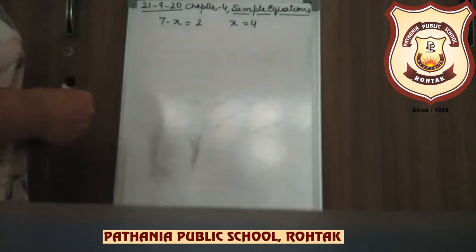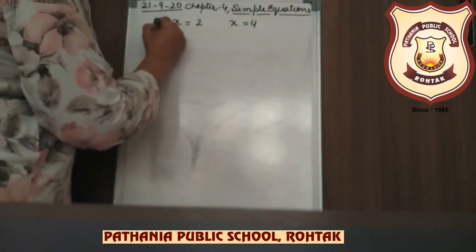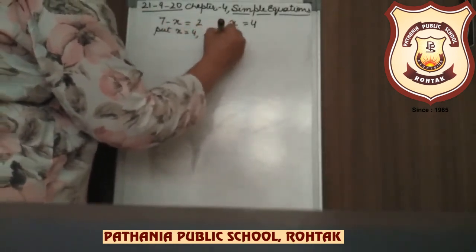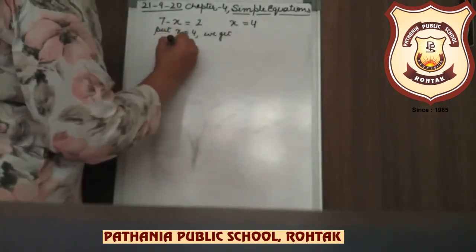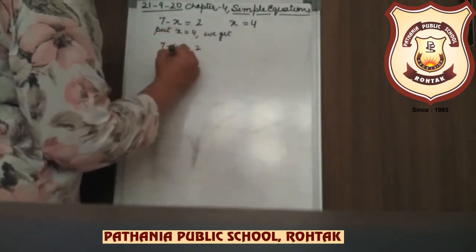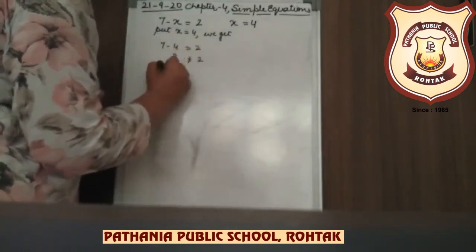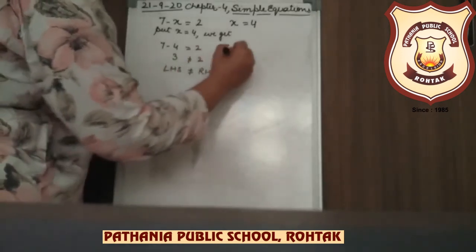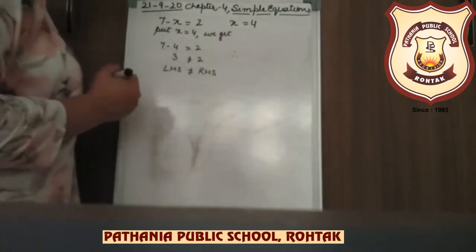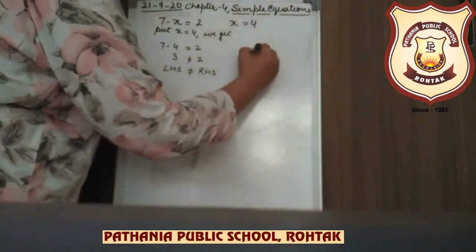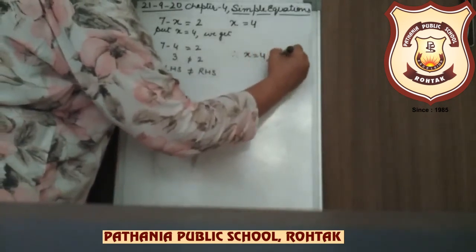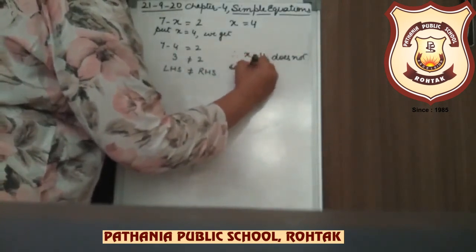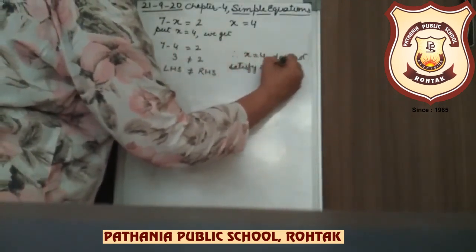Is this clear? So now in the same manner, put x is equal to 4, we get 7 minus 4 is equal to 2. It is 3 and it is not equal to 2. So left hand side is not equal to right hand side. Therefore, x is equal to 4 does not satisfy the equation.